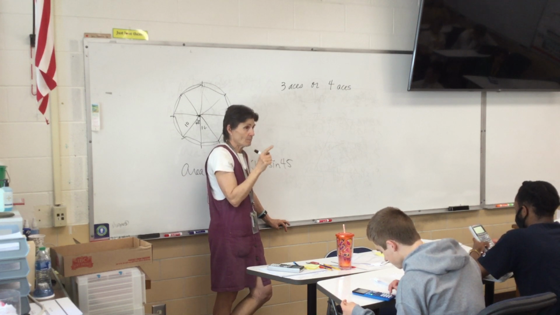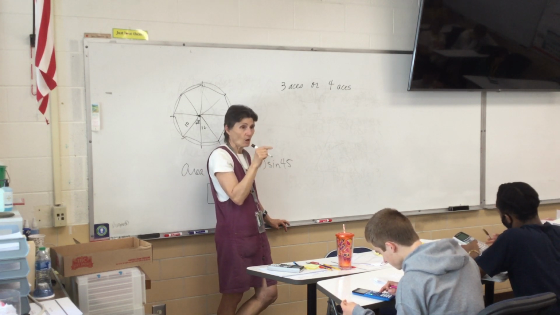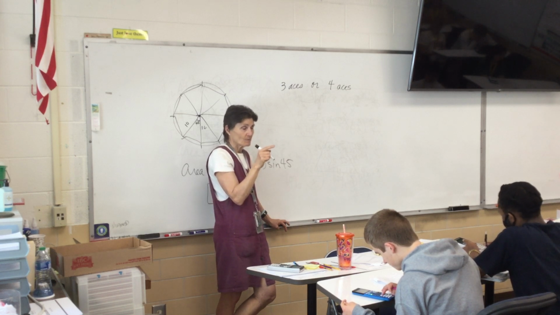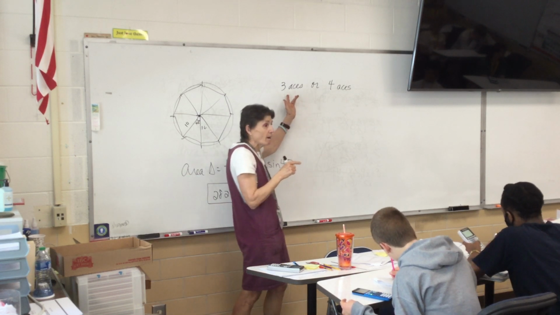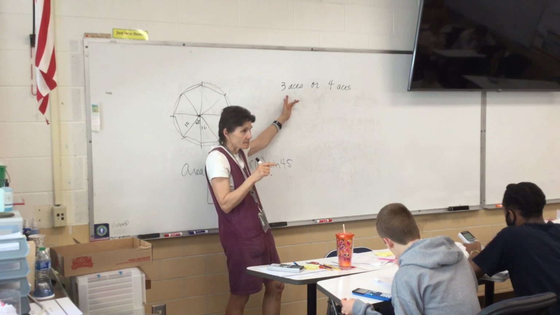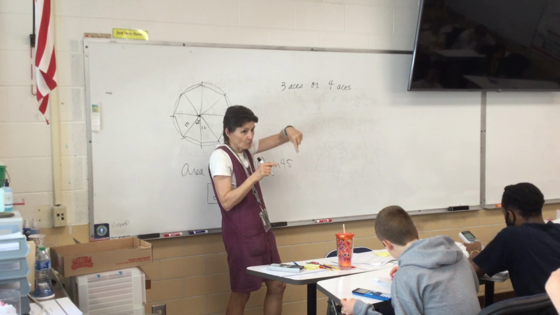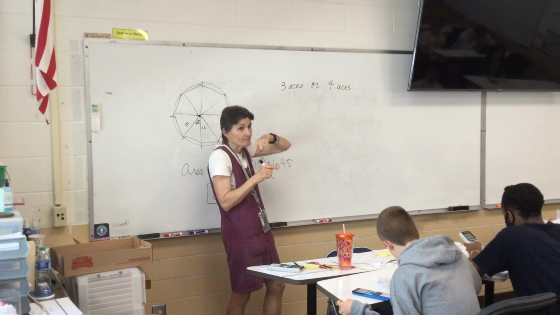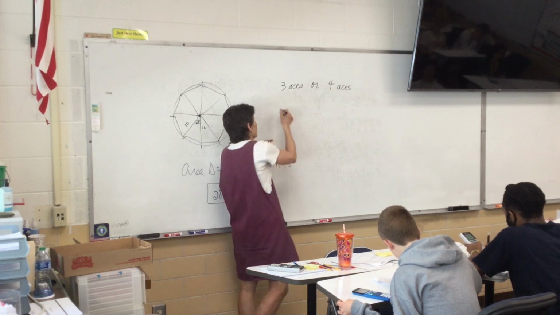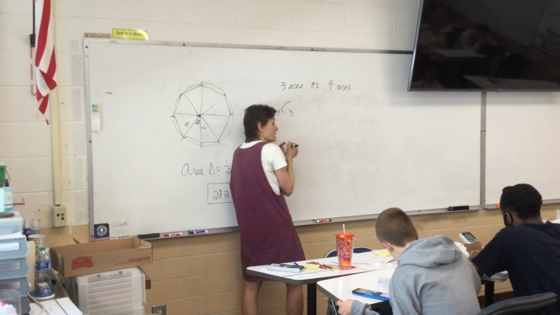But remember, it's a 5-card hand. So if 3 of them are aces, the other 2 are not, right? So Brendan says 4C3 times 48C2, and that's right.